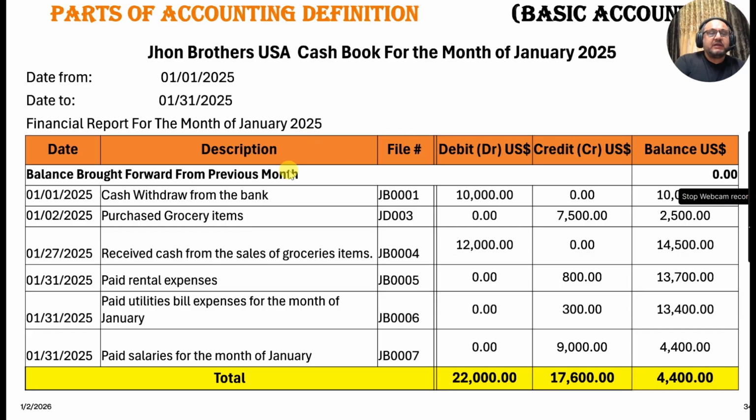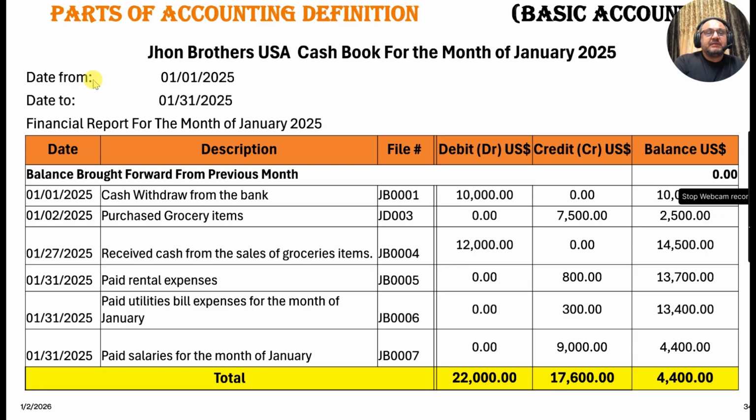If I write or prepare the cash book for the month of February 2025, even though this year is 2026, I prepared these notes in the year 2025. I spent a lot of time preparing these notes, not only 1 hour or 2 hours, but 10, 12, 15, 16 hours to prepare good and understandable notes for you.